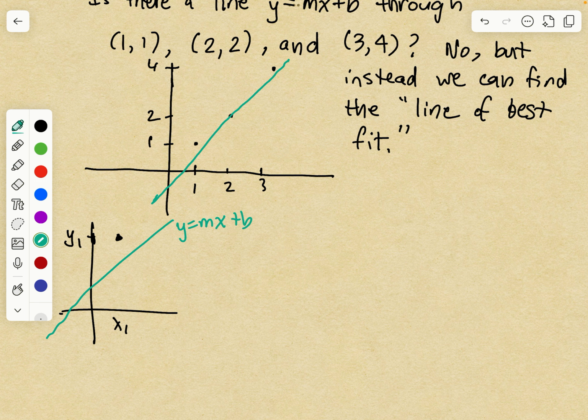When you plug x1 into the equation of the line, you get a point here, which is called y1 hat. So y1 hat is equal to m times x1 plus b. And the difference between y1 and y1 hat is called the error. So y1 minus y1 hat is the error. It's how off you are from the actual y value, which is y1.